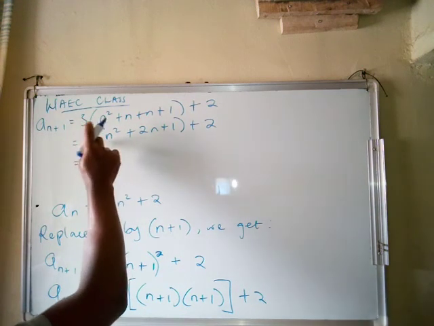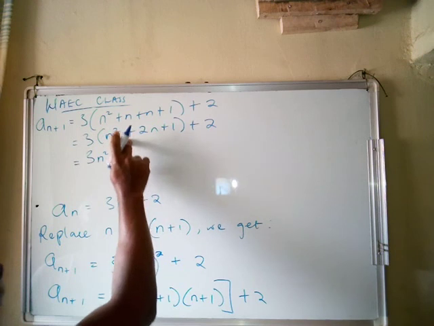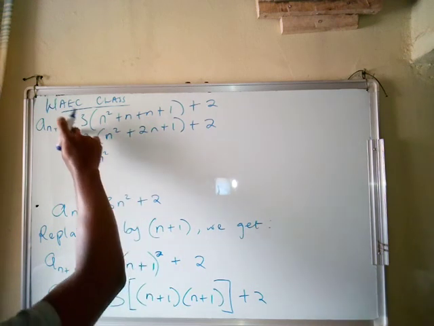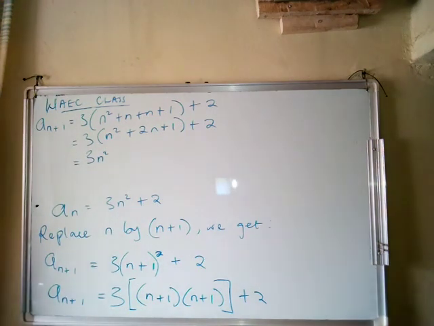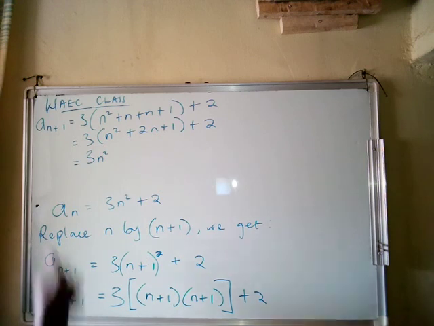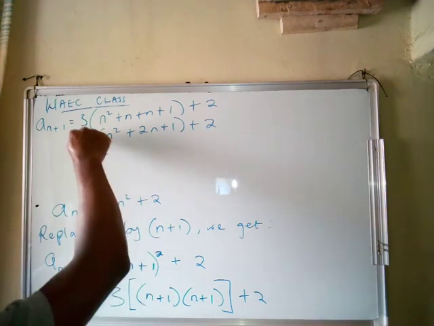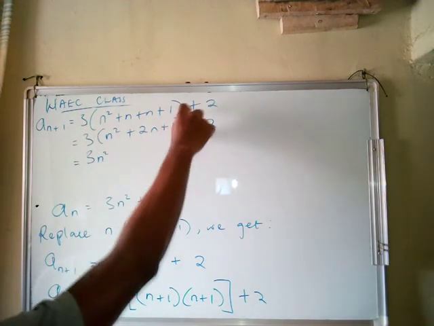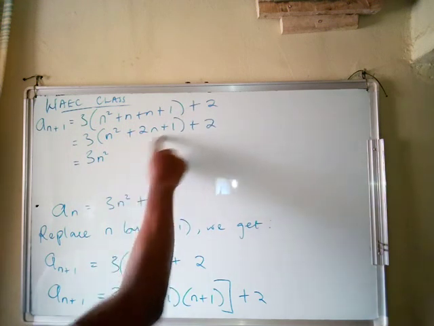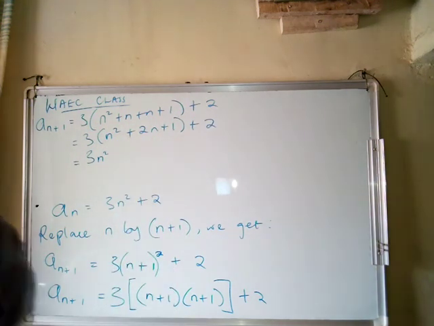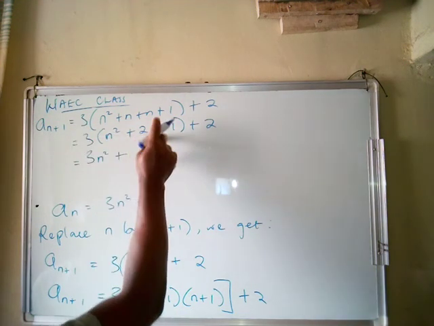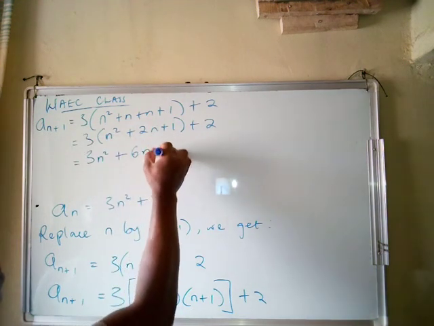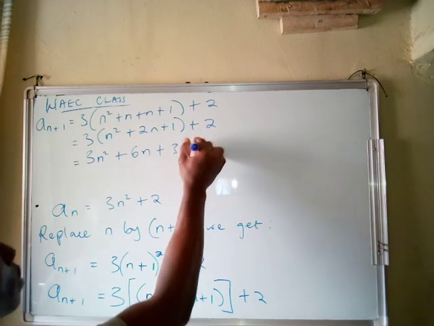Once you have a bracket and you have expressions like plus or minus in between, the coefficient, which is the number in front of an unknown, or this 3 here, becomes 3 times everything you have here. It becomes one term because you have pluses in between. So 3 multiplies n squared, you have 3n squared, plus 3 times 2n, you have 6n, plus 3. Then you can safely add your 2.